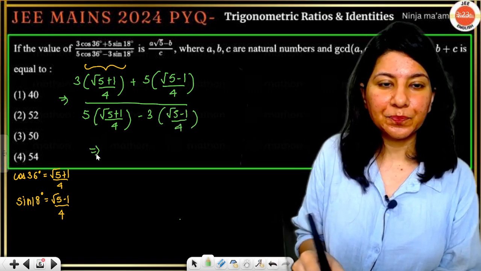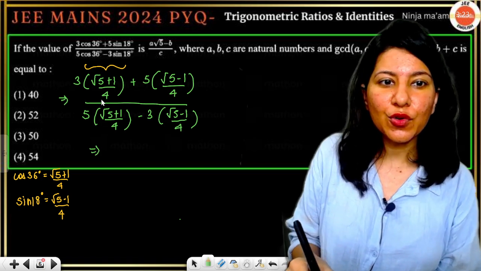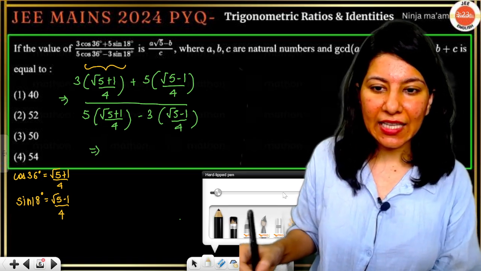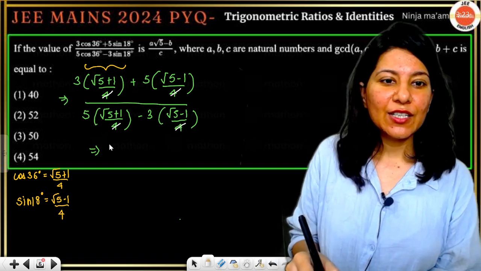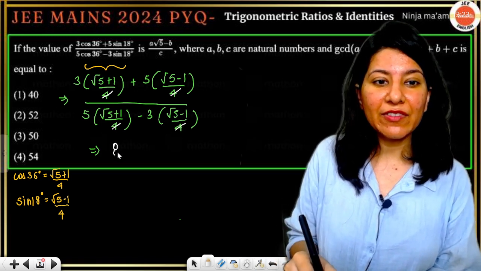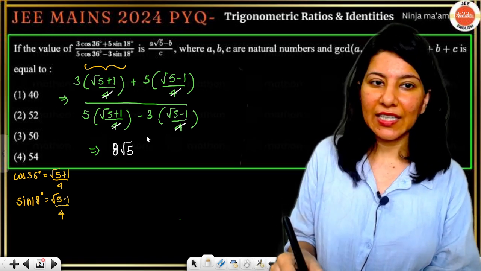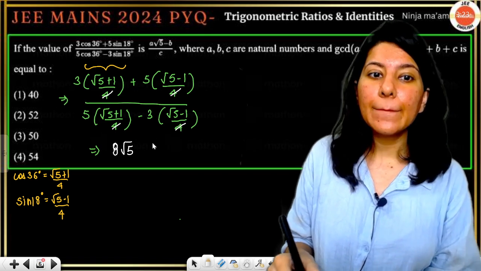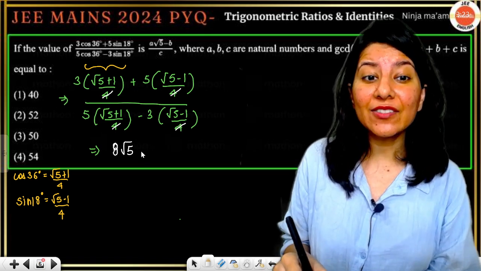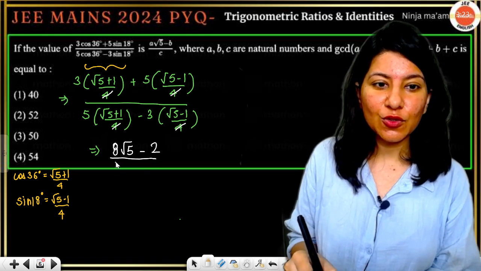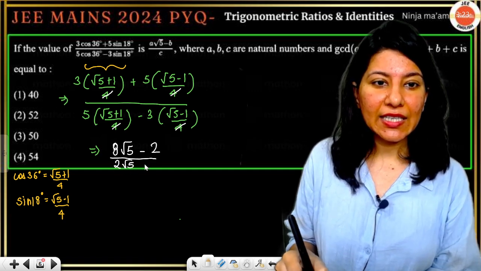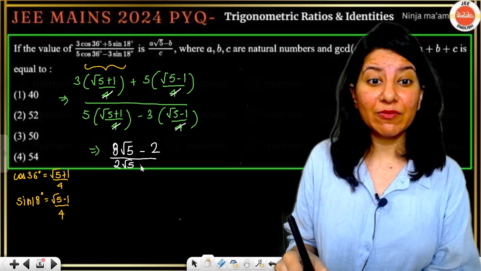Now let's take the LCM. 4 is definitely getting cancelled out. So 3 root 5 plus 5 root 5 is 8 root 5, correct? And this is 3 minus 5, which is minus 2. Whole upon, this is going to be 5 minus 3, so 2 root 5, and 5 plus 3 is 8.